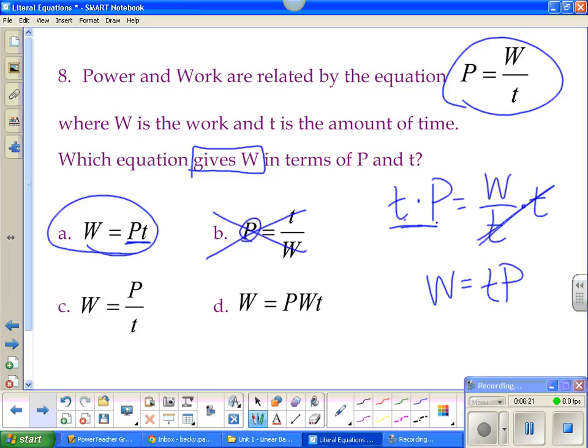In multiplication, you can flip them around. It doesn't make a difference. But I know it's not division, and I know there's not a W on this side, so I know it's not that one.